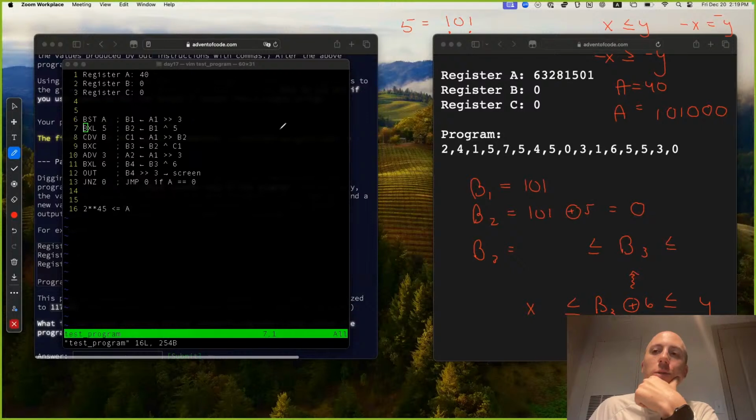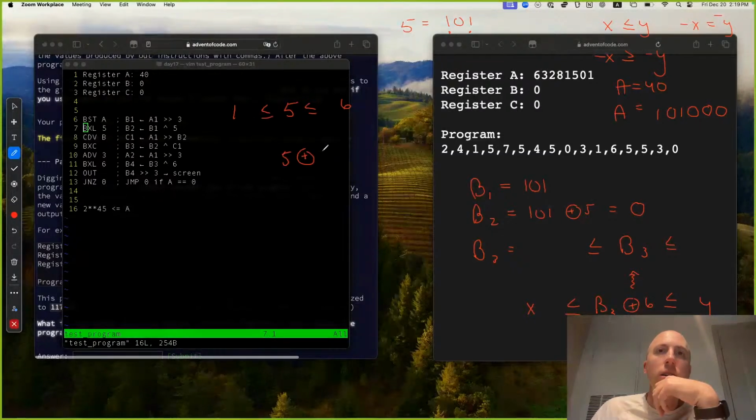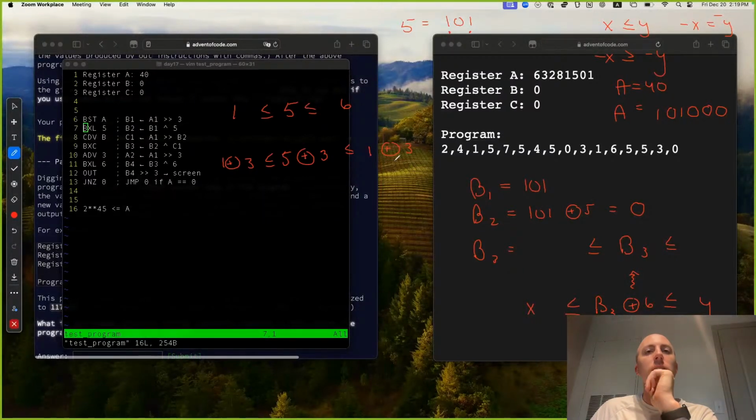Say we have 5, and it's greater than or equal to 1, and less than or equal to 6. And then we XOR all this stuff with 3, say. Oh, dang. Yeah, this inequality might not even hold.